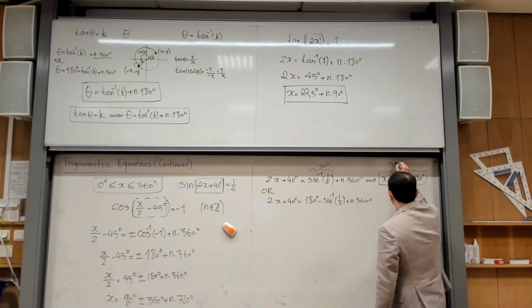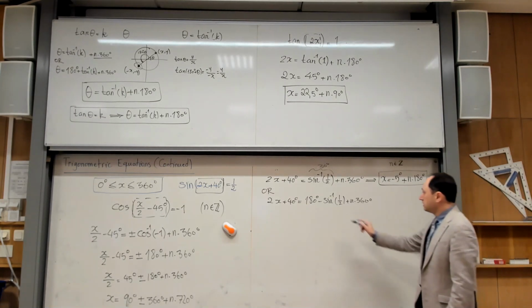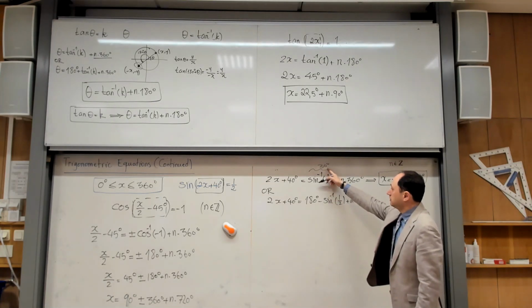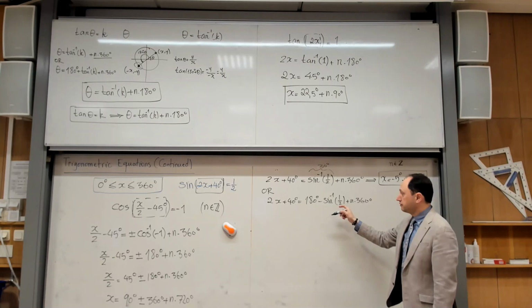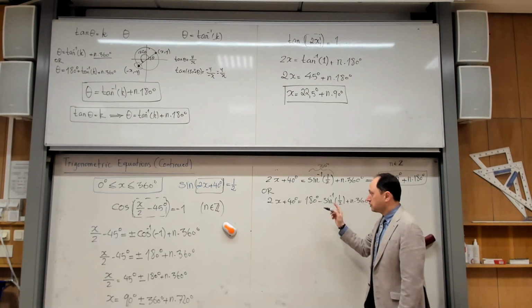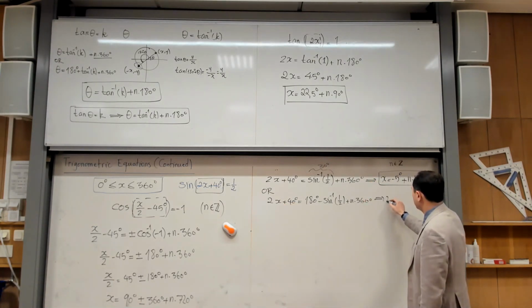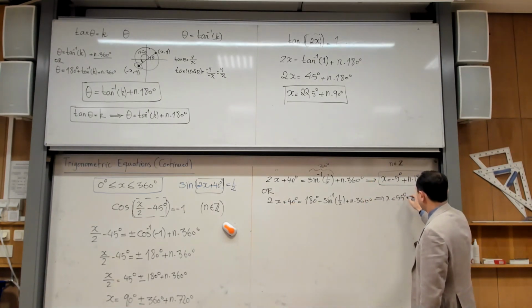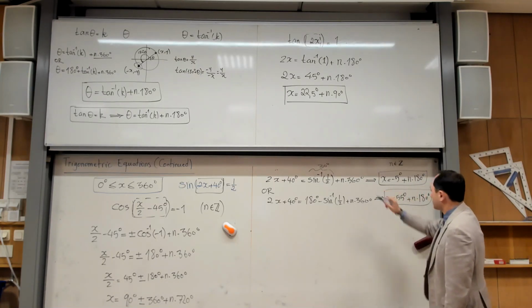So you have to write n in its place, okay? But 180 minus 30 is 150. You move 40 to the other side, it becomes 110. You divide by 2, it becomes 55, yes? That is also another group of solutions.